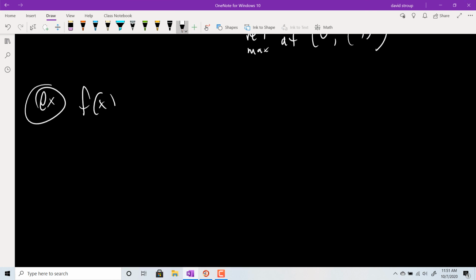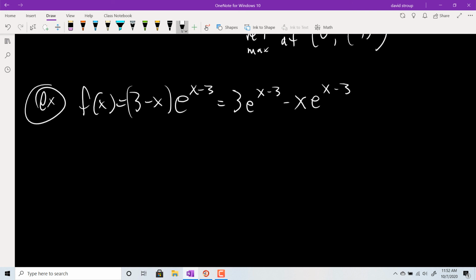So f of x is 3 minus x times e to the x minus 3. Okay. I'm going to rewrite it so I can take the derivative a little easier. 3e to the x minus 3 minus x e to the x minus 3. f prime of x, what do we have? 3e to the x minus 3 times the derivative of x minus 3, which is just 1.